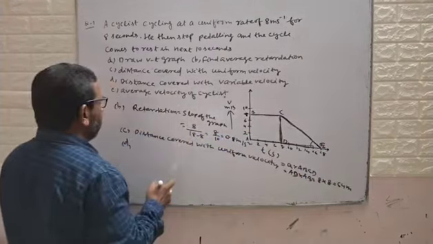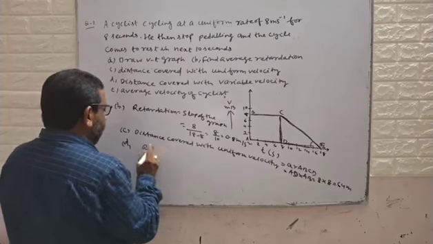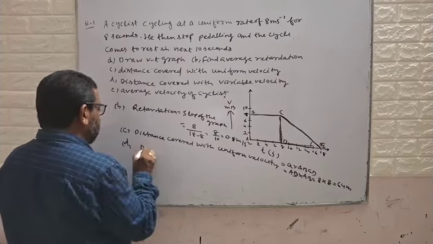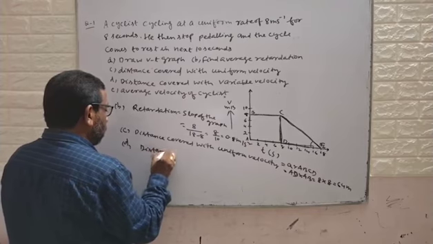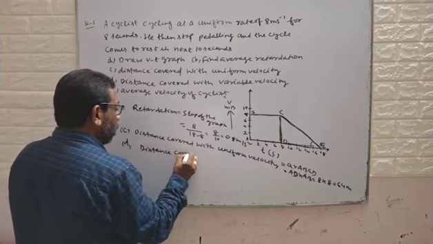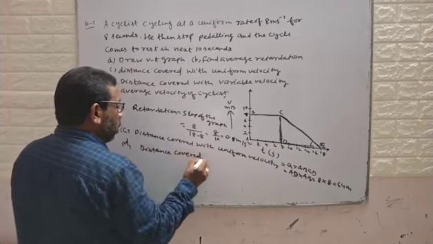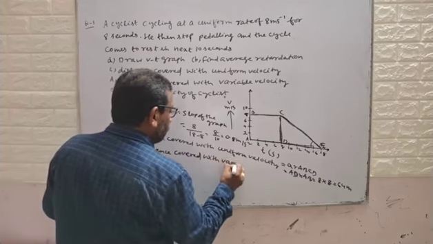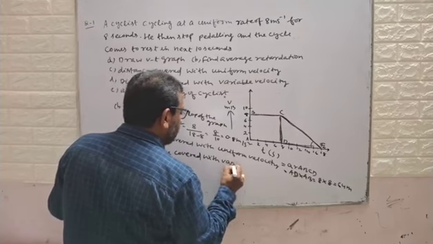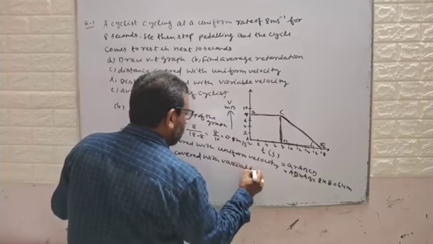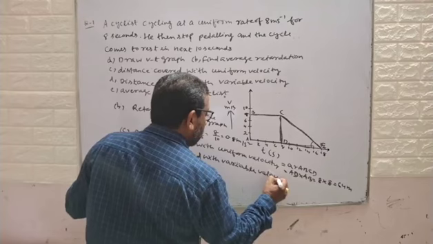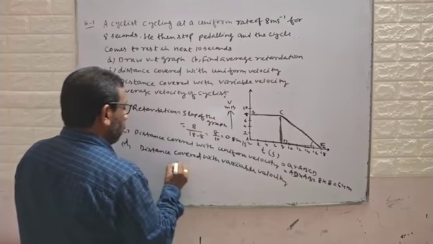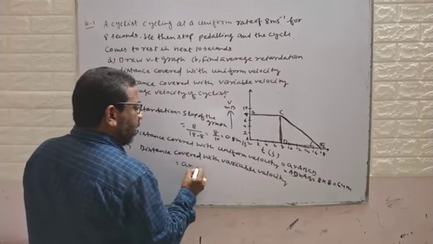So for D answer, area of triangle, distance covered with variable velocity, equal to area of triangle CDE.